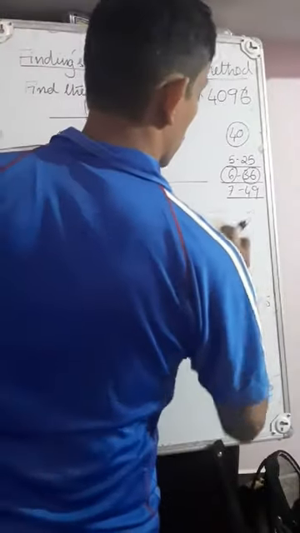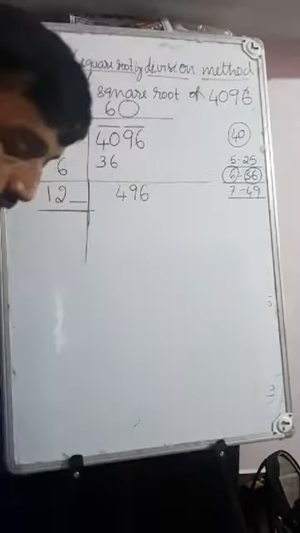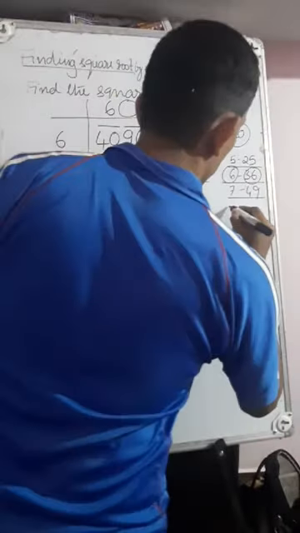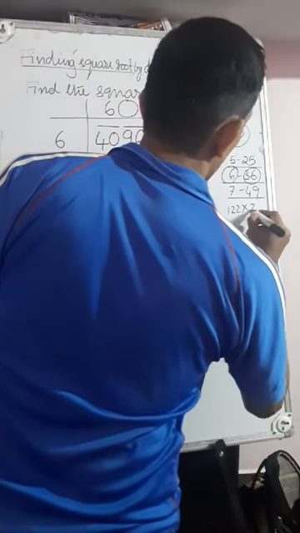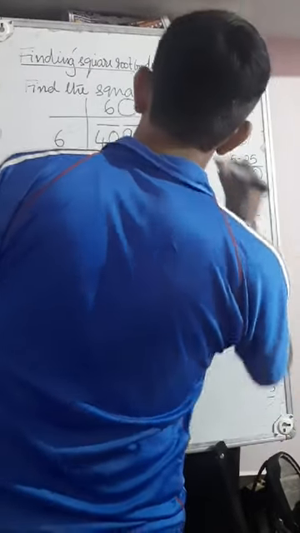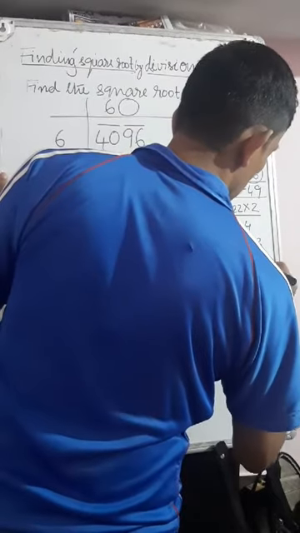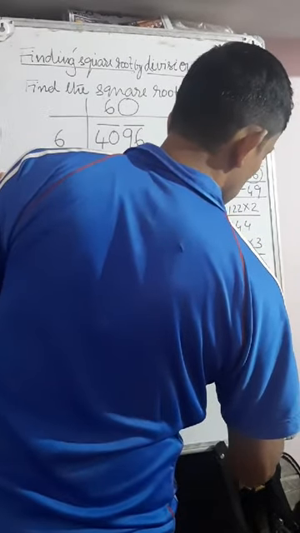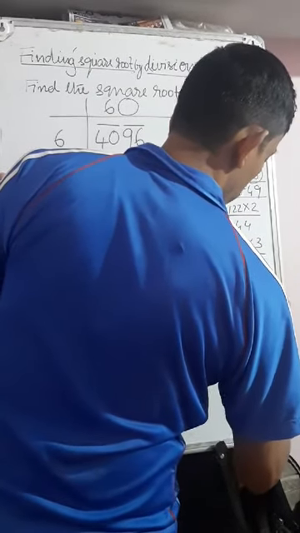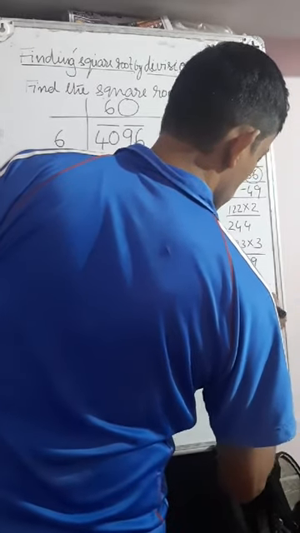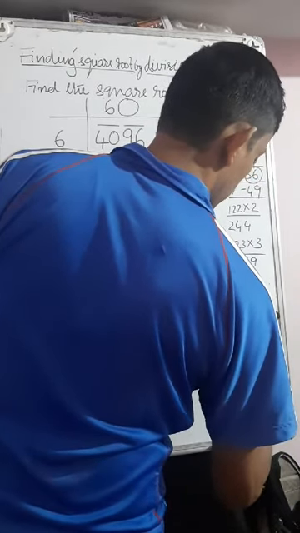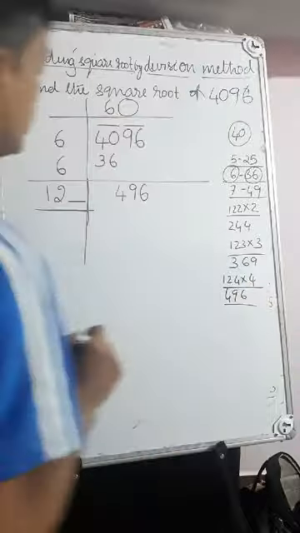Here we have to check how. If I enter 122 into 2, 4, 4, 2. 123 into 3, 9, 6, 3. 124 into 4, if I enter, 16, 9, 4, 496.